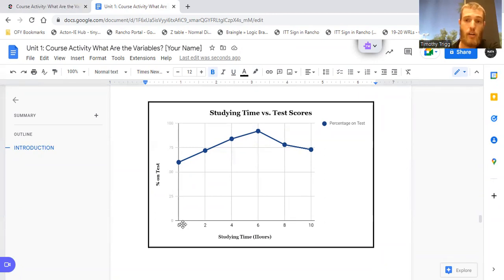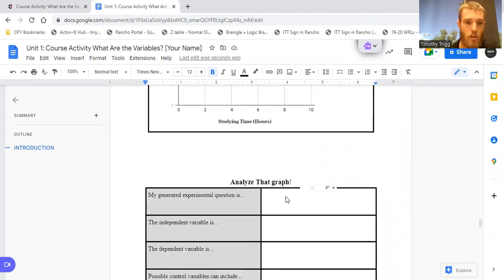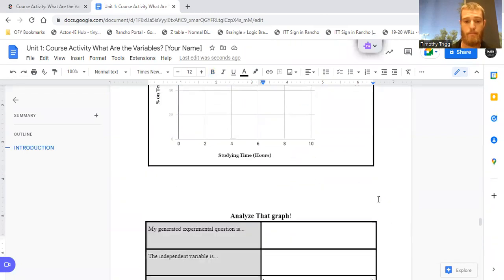The dependent variable is usually your vertical axis, so your y-axis. In this case, our dependent variable is the percentage on a test, so test score, basically, right? So we're seeing study time versus test score. The independent variable being study time, dependent variable is the percentage on the test. So go ahead and fill those out. I already explained them here.